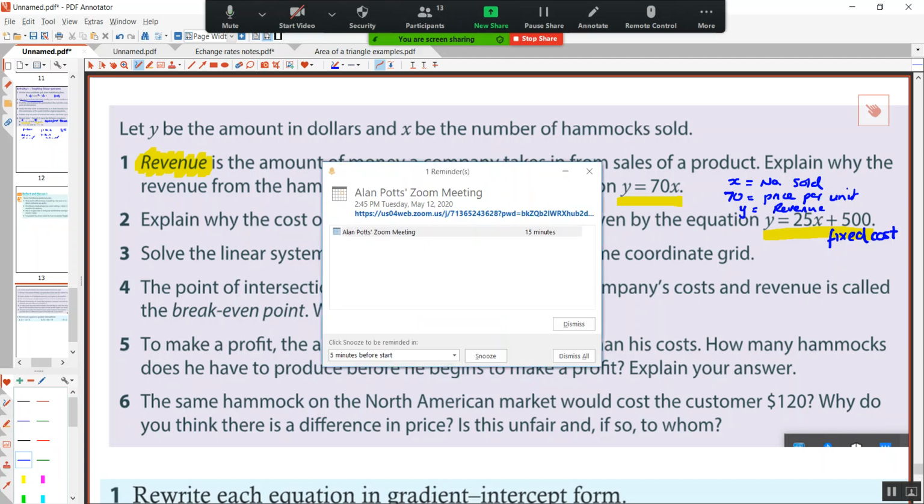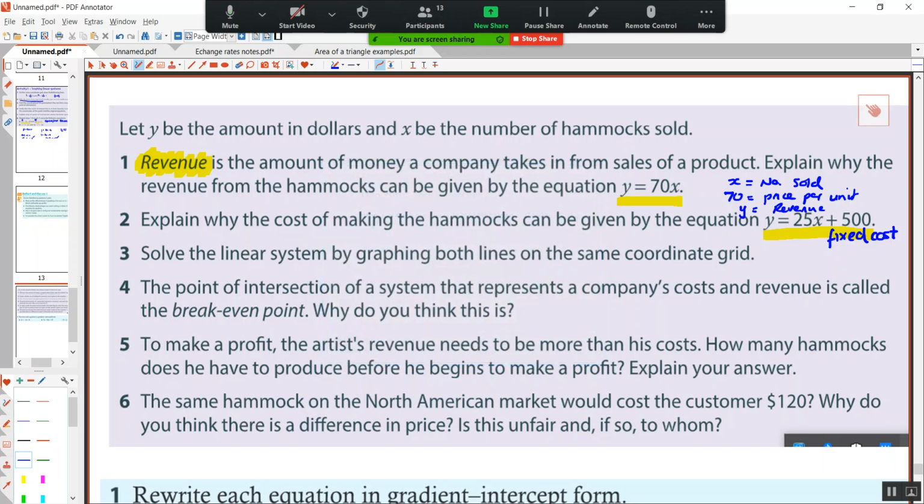Basically that would be the cost of renting the place I'm making it, or the cost of the materials that I have to buy, or just something that's fixed that will never change. Maybe it's the amount of money that I'm going to pay myself. I'm always going to pay myself 500 regardless. So it's what's called a fixed cost.